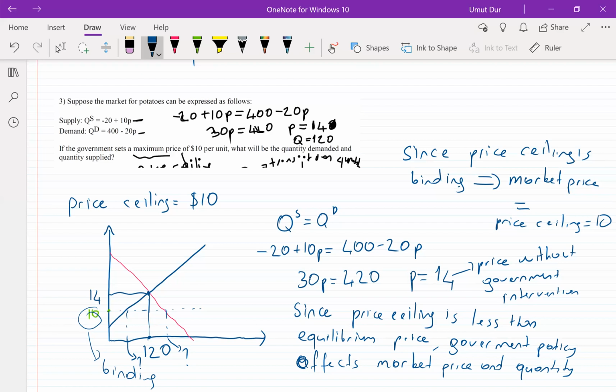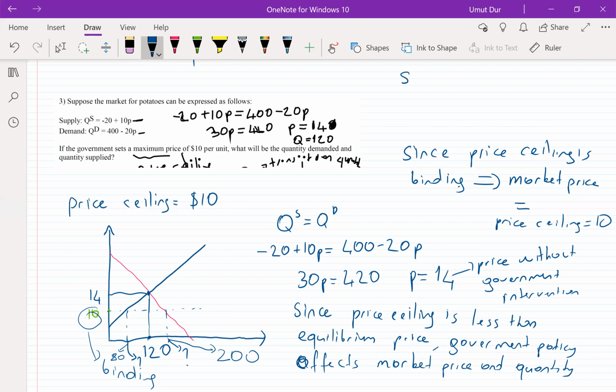The amount that will be supplied when the price is 10 we can find very easily: it is 80. The amount that is demanded when the price is 10 is 200. So there are two candidates here.